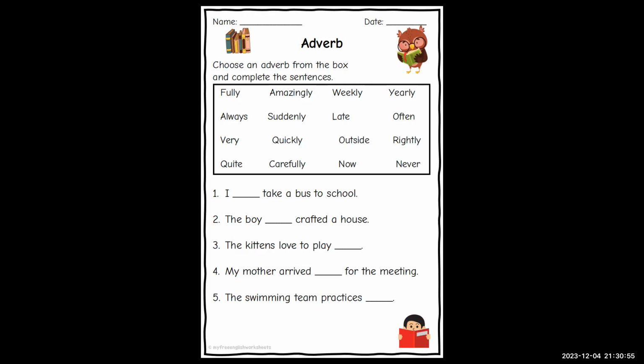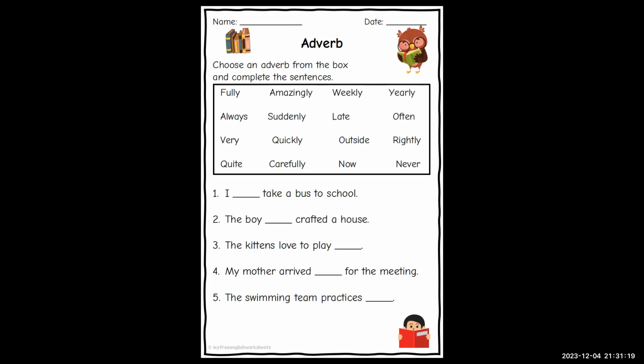So crafted. Again, the boy carefully crafted a house. And what's the other one? It's time already, but can you give me another possible one?